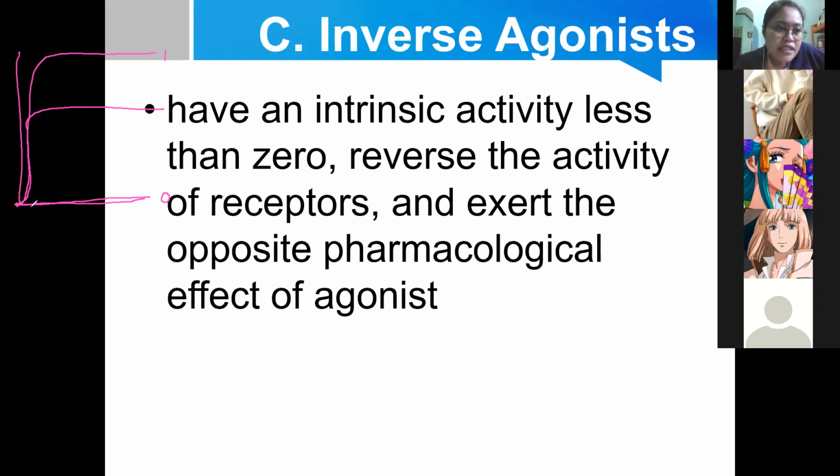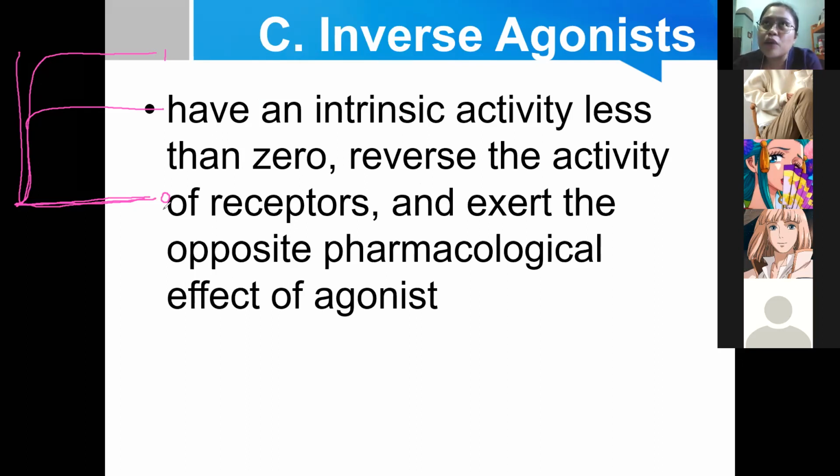Kasi si antagonist class, the graph is here. 0. It will just bind to the receptor. Walay effect. Wala na-activate si receptor. Mahimo lang siyang blocker, meaning i-inhibit lang niya ang pag-bind sa original substance dito sa receptor.